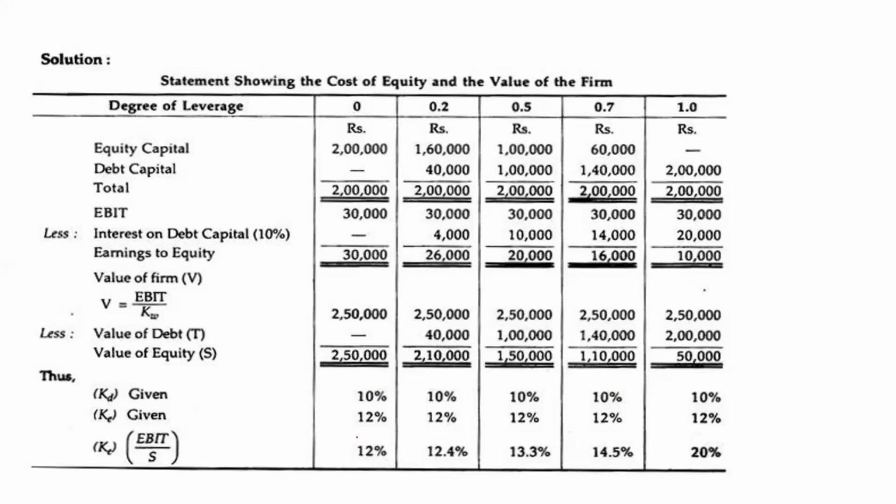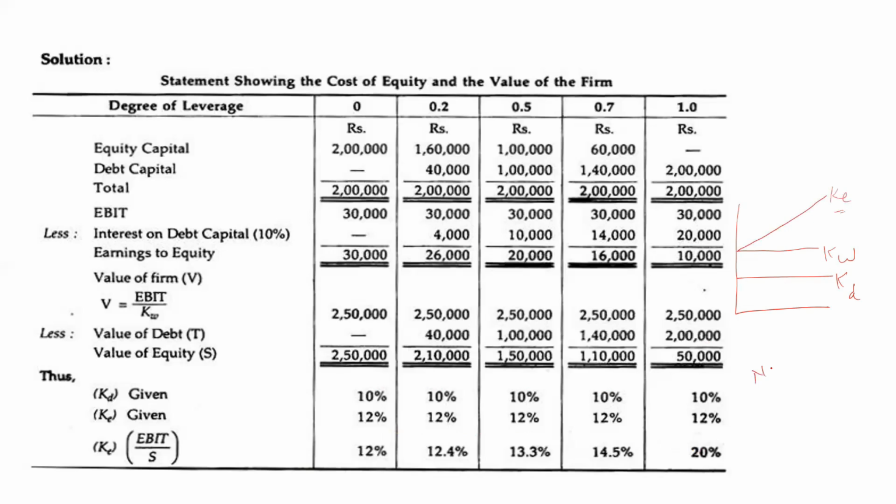You can get to know that the cost of equity is rising as there is more and more use of debt in the capital structure. So this ultimately proves that if you are using more and more debt in your capital structure, while the overall cost of capital remains the same, ultimately the cost of equity capital shall be rising.